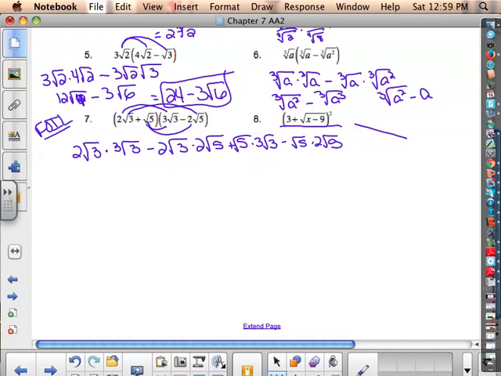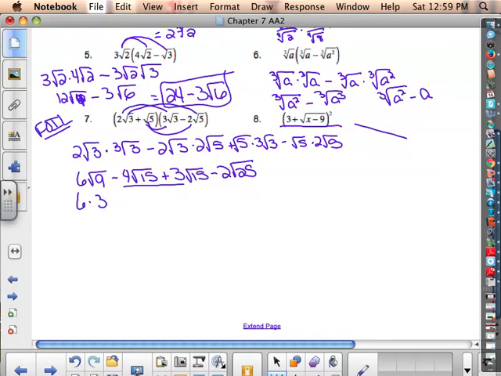So you can just do this multiplication. You're going to get 6 square root of 9 minus 4 square root of 15 plus 3 square root of 15 minus 2 square root of 25. So this becomes 6 times 3.